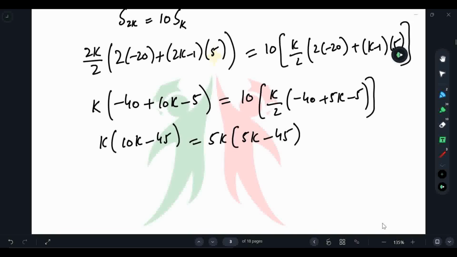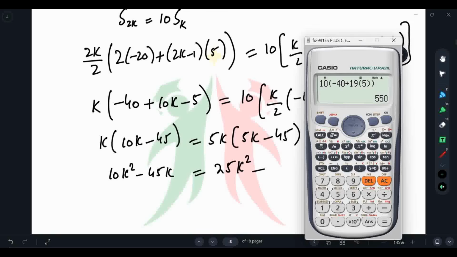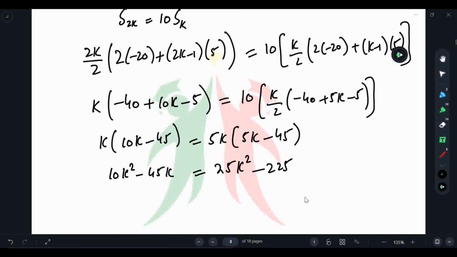Now if we simplify it further, 10k square minus 45k is equal to 25k square minus 45k, 5 multiplied by 45, this will be equal to 225. Now if we rearrange it further, this will be 0 is equal to 25k square minus 10k square minus 225 minus 45.